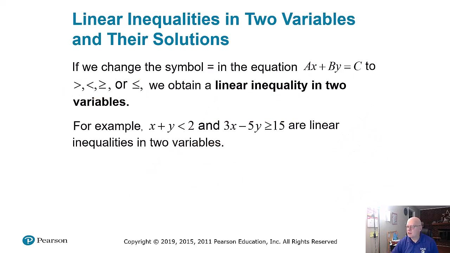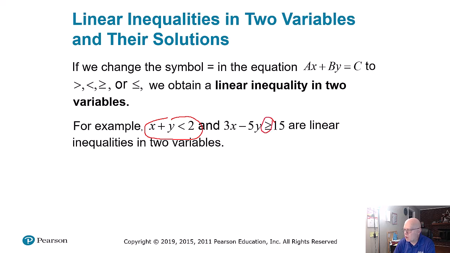Okay. So we're going to change the symbol to an inequality, and we're going to play with that for a few minutes here. There we go. All right. So here are two examples of inequalities. One is right here, the inequality with no equals, and here's an inequality with equals.